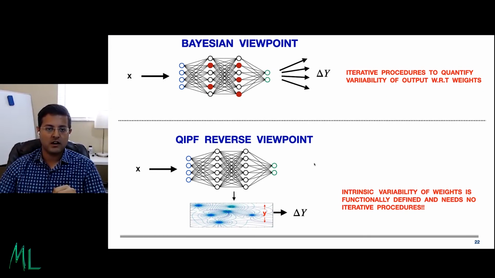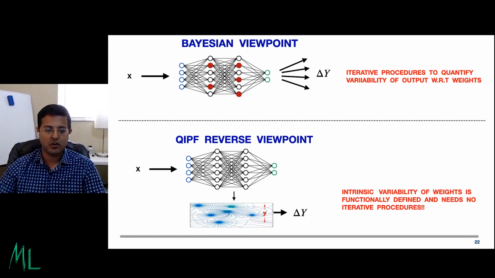But our approach quantifies model uncertainty in a very different manner. The intrinsic variability of weights is functionally defined in our case, and so we do not need any iterative procedure. We have a map of the model weights in an uncertainty landscape, and what we are doing is simply varying the model output instead of messing around with the model weights.